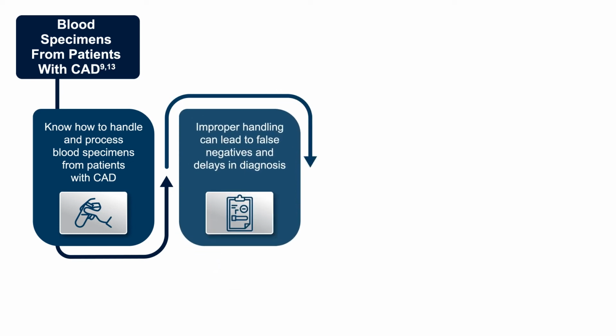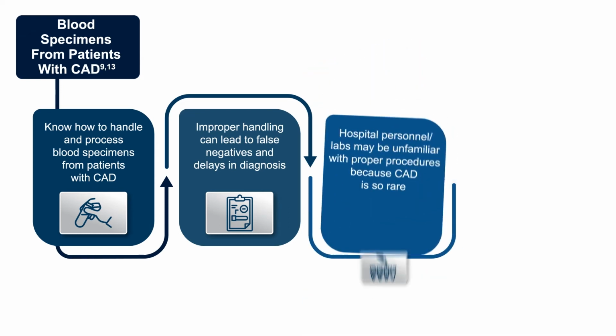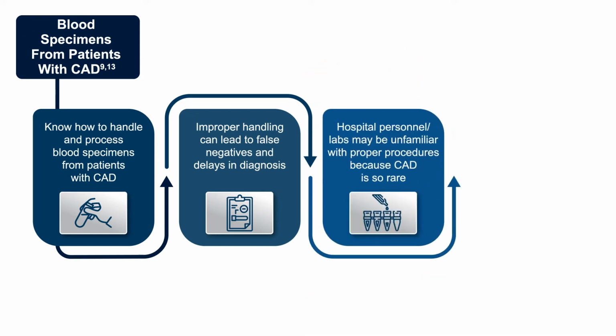Improper handling of the blood samples is a problem often experienced by cold agglutinin disease patients and can lead to false negative test results, delaying an important diagnosis for these patients. Many hospital personnel and laboratory personnel may also be unfamiliar with the procedures for proper blood draws, as well as handling of blood during testing, because cold agglutinin disease is so rare.